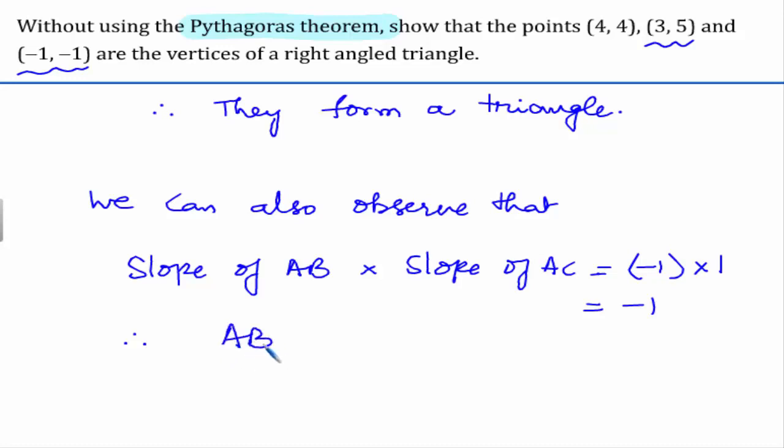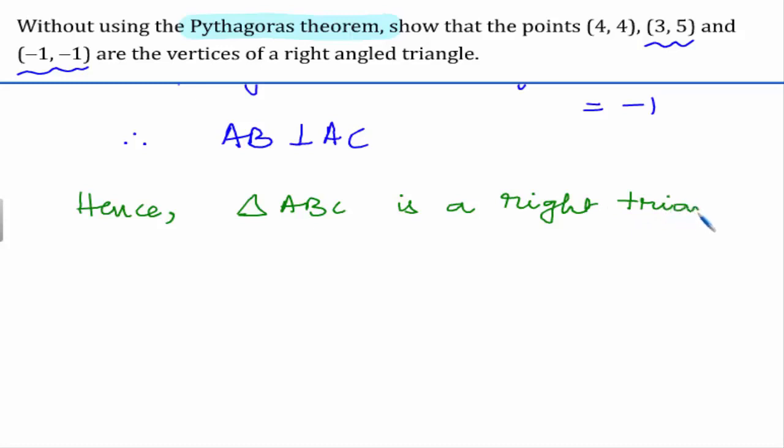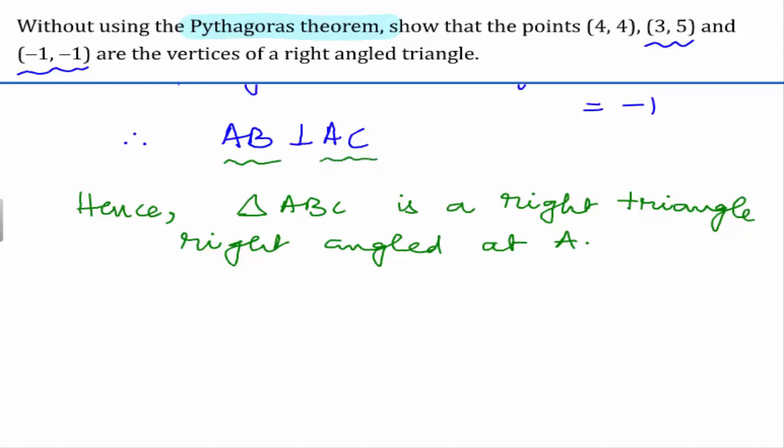Therefore, AB perpendicular to AC. Therefore, triangle ABC is a right triangle, right angled at A. How can we say this is right angled at A? Because AB perpendicular to AC.